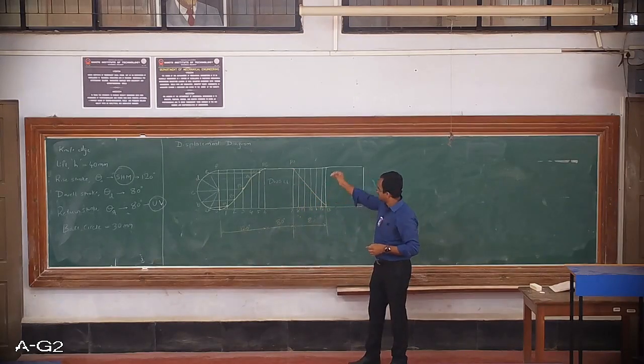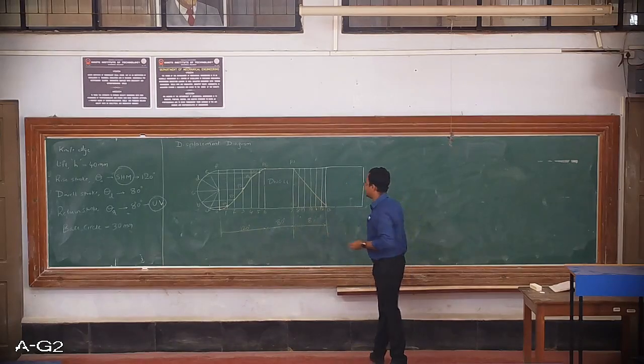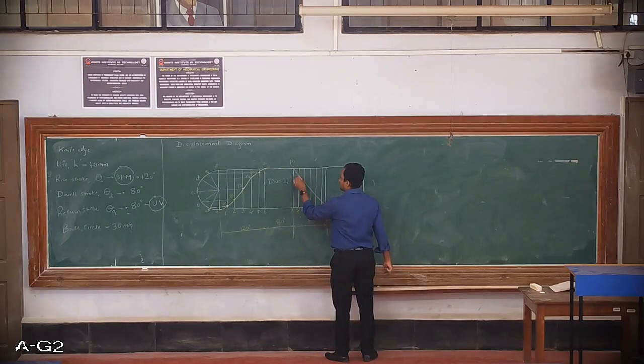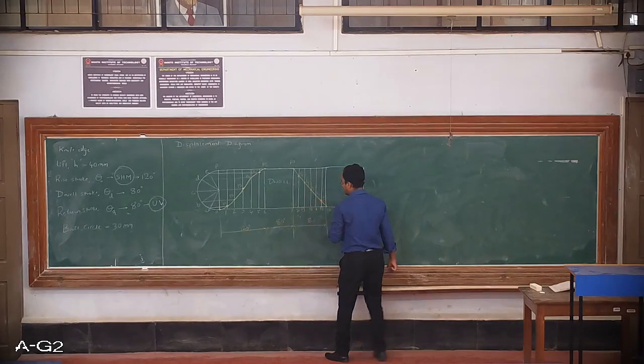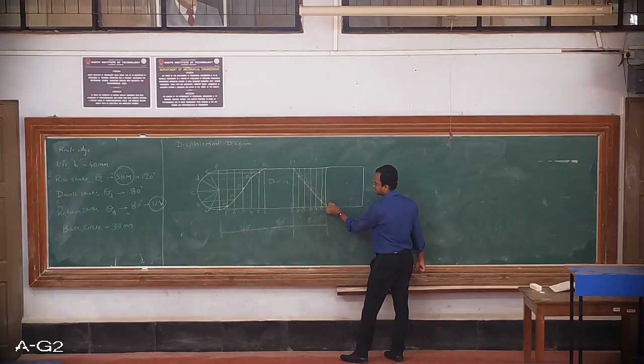So from starting point to the end point, all I have to do is draw a straight line, and wherever it intersects the vertical lines, once again I highlight them and continue the numbering. I had stopped at P7, so I'll number with P8, P9, P10, P11, P12, and the last one is here, that is P13.